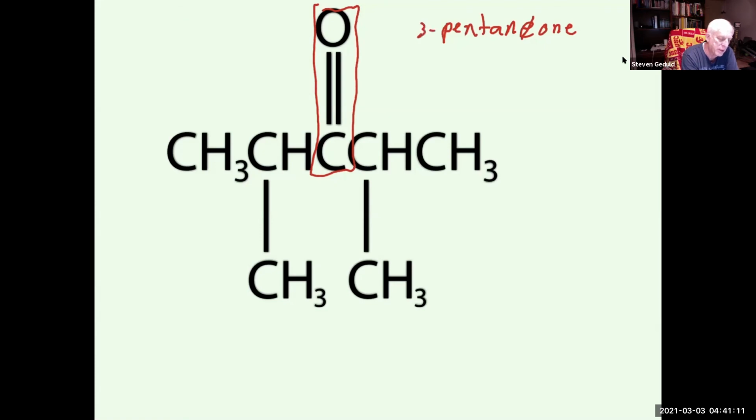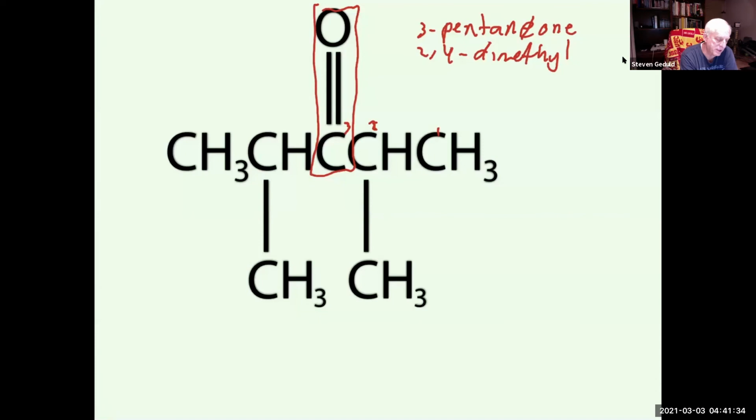So 1, 2, 3. It's symmetrical, so either way we number it. Okay. At number 2 and at number 4, we have 2 methyl groups. So 2,4-dimethyl.